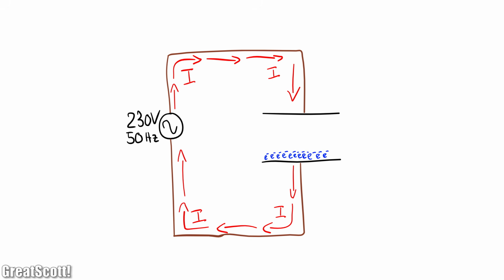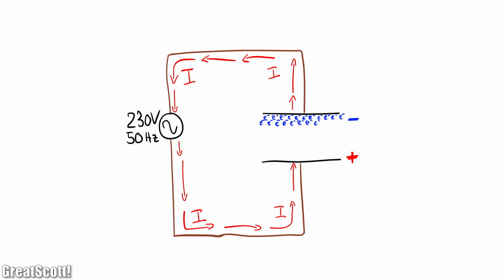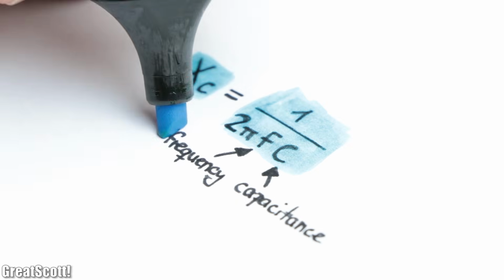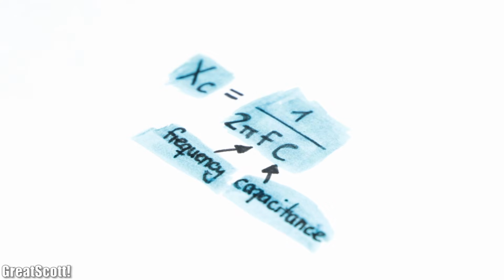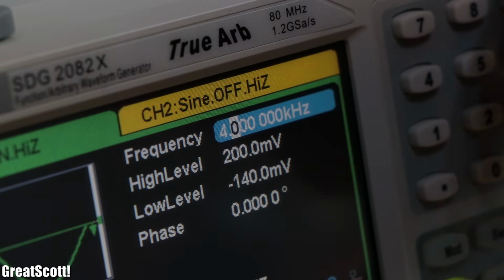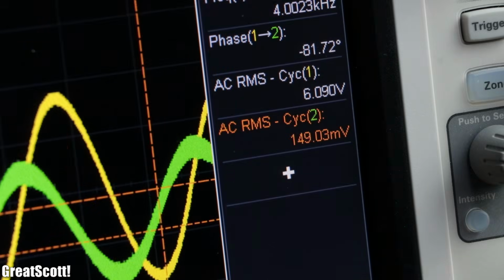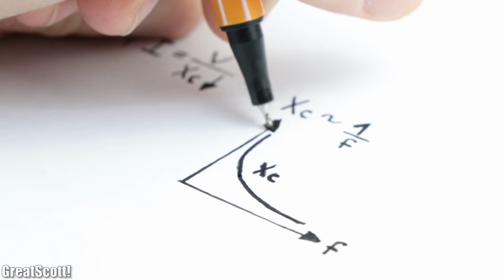Its cause is the constant charge reversal of the electrostatic field of the capacitor, and its equation once again features the frequency and capacitance as the most important variable values. This time though, with higher frequency, the current flow increases, which means the capacitive reactance decreases.